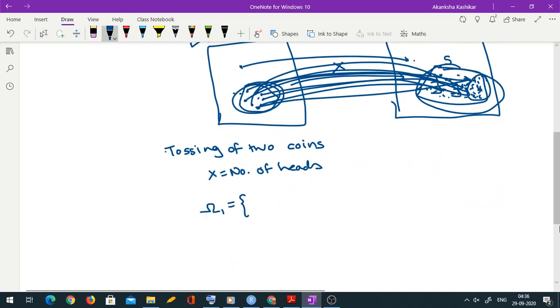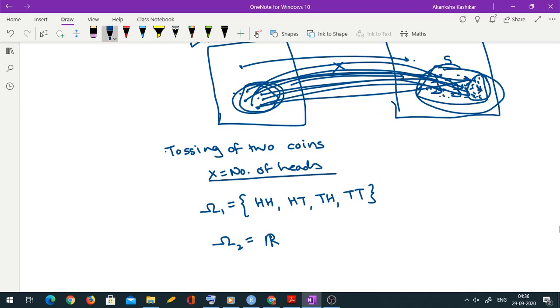Omega 1 is the actual outcomes of the experiment. So HH, HT, TH and TT. This is my omega 1. Now my omega 2 can be, let us say, real numbers. It can be anything which would have this as a subset. So I can say omega 2 is real numbers.